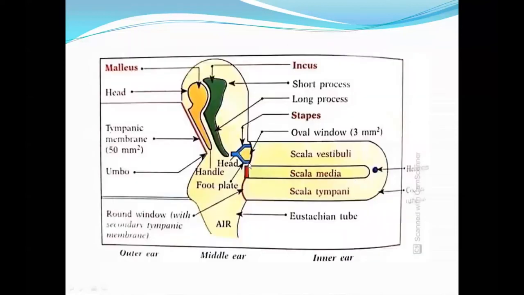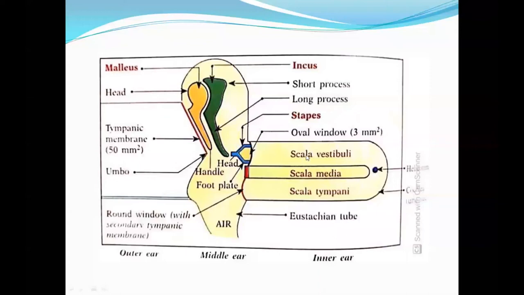See, we can see the example here. This is apex of the cochlea. This is base of the cochlea. Apex connects scala vestibuli to scala tympani by a small opening called helicotrema.